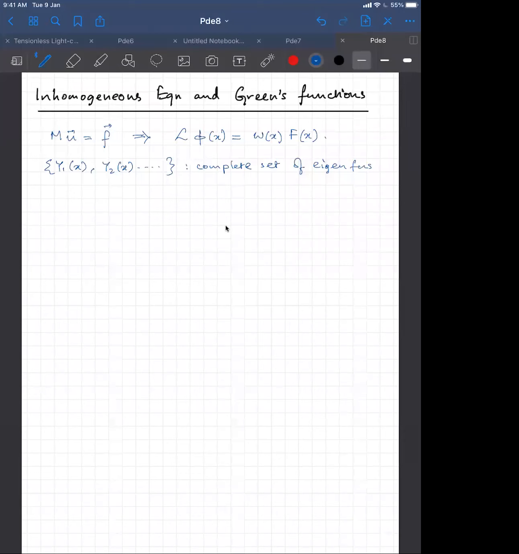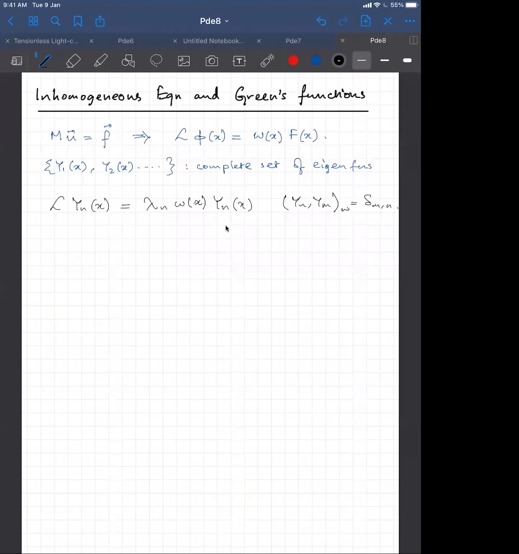That essentially means that L of yn of x is lambda n w of x yn of x, and the inner product of yn and ym is equal to delta mn.